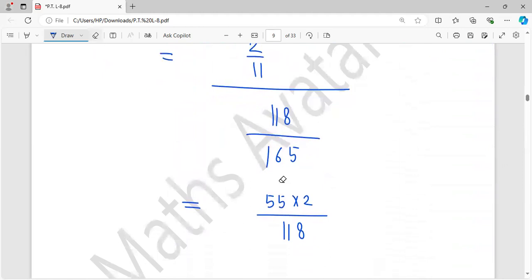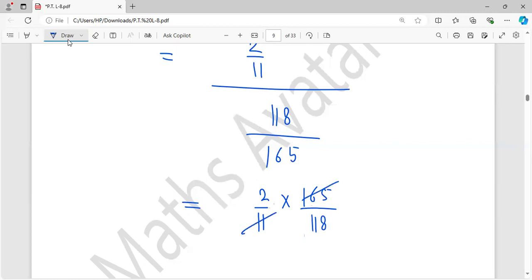Let me check it again. So 2 upon 11 into 165 upon 118: 11 goes into 165 fifteen times, so we get 30 upon 118. This is the answer.